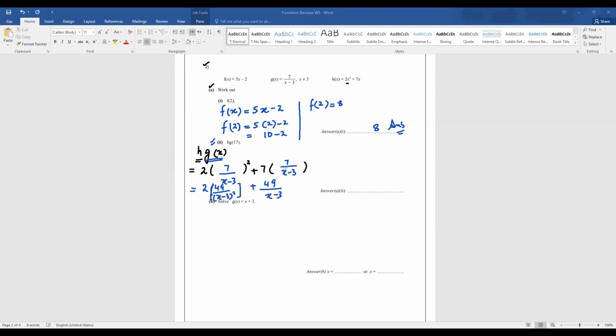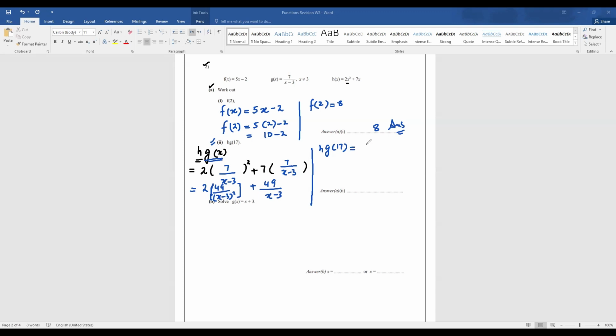But I don't want to only find hg of x. We actually want to find the value for hg of 17. So wherever there is x, we will replace it by 17.